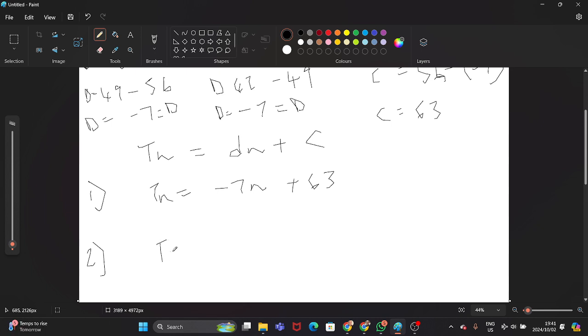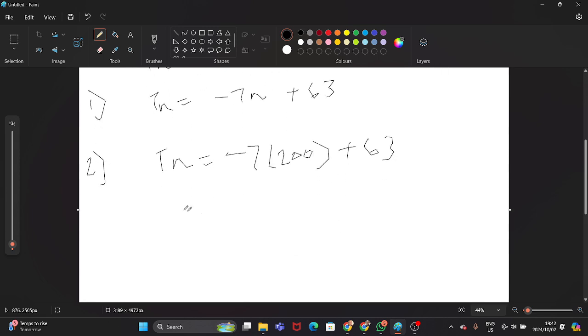And all we need to do is we say Tn is equal to -7, and the 200th term is when n is equal to 200, plus 63. Okay, and let's first check what the 200th term is equal to. So that is -7 times 200 plus 63, and the 200th term is equal to -1337.